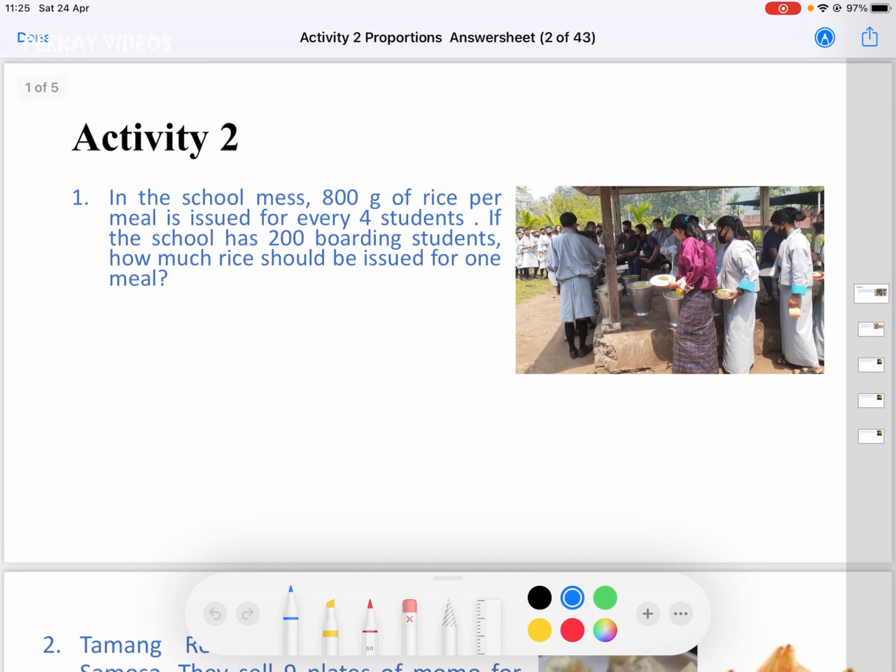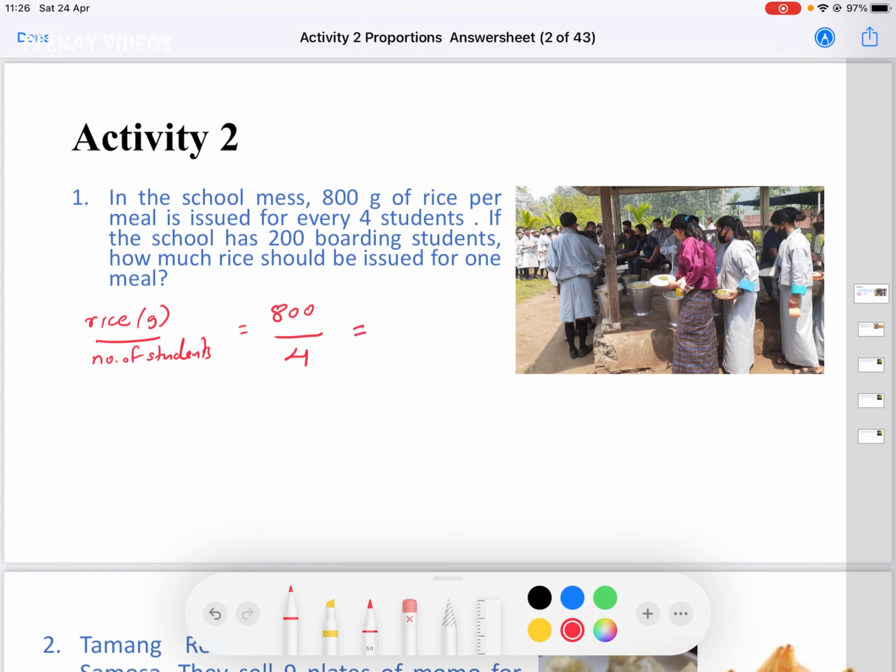So here, what we see is we have a ratio of rice in gram to number of students. So this ratio, we see that if there are 800 gram of rice is given for 4 students.